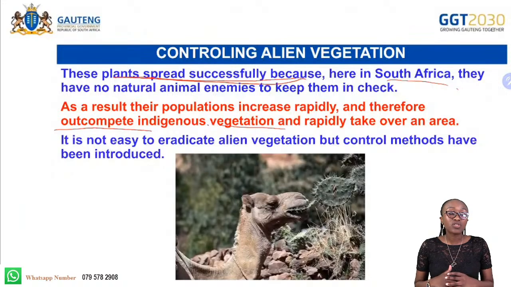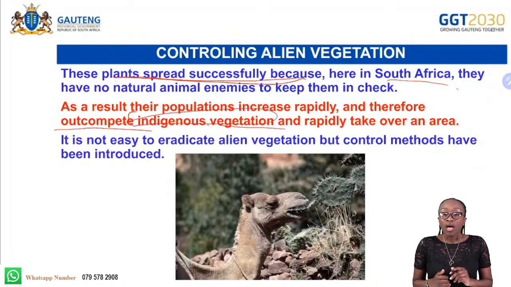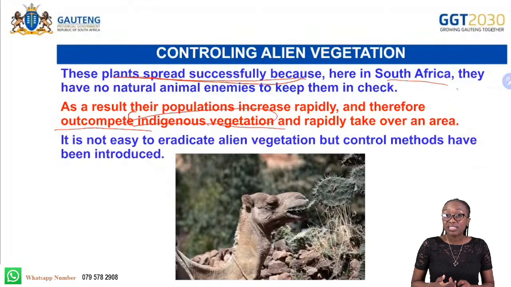And if there's a resource that is being shared by the indigenous plants and the exotic plants, the exotic plants are going to get more of that resource. And then we might have the indigenous vegetation becoming extinct or reducing in its biodiversity. For example, the prickly pear's natural enemy is the camel.